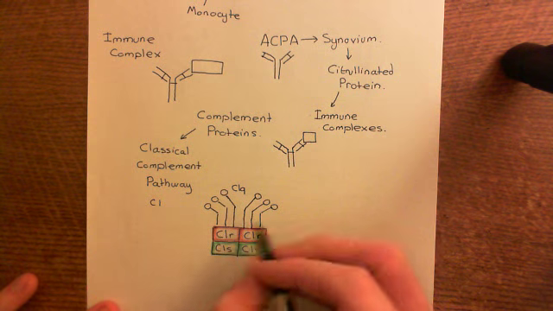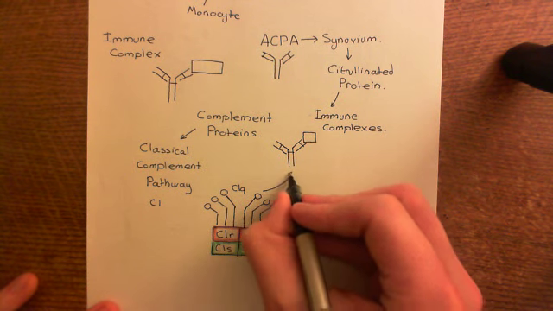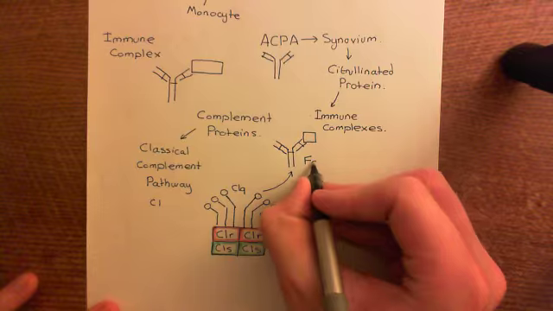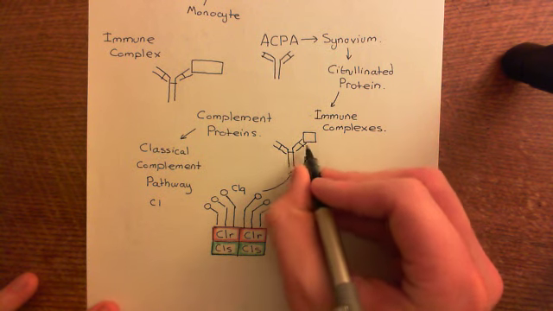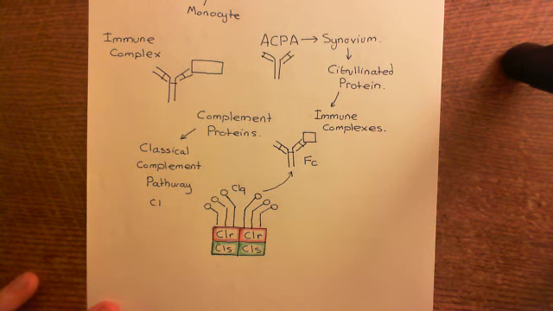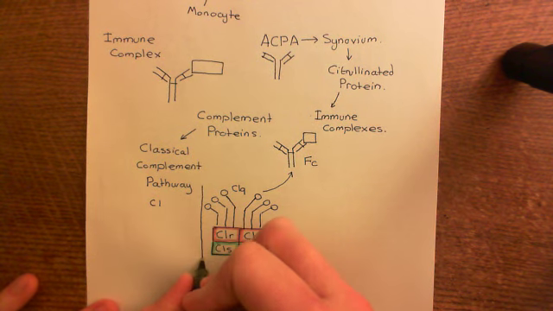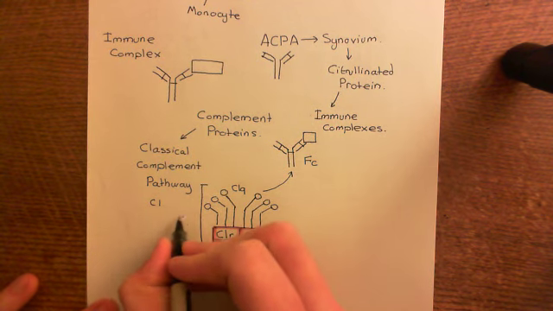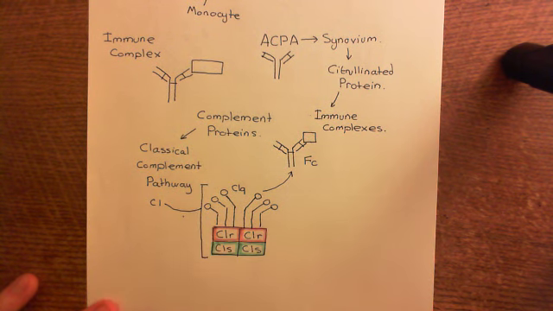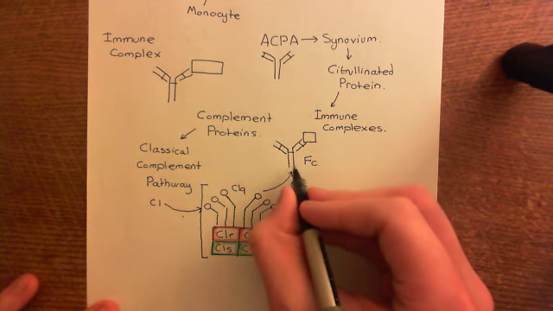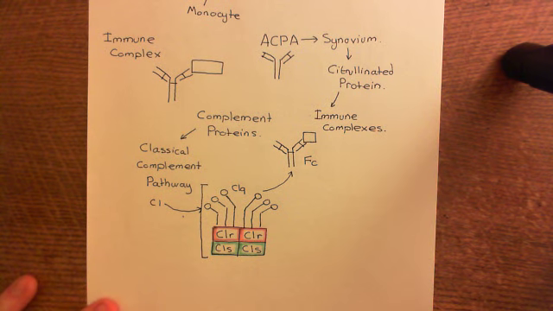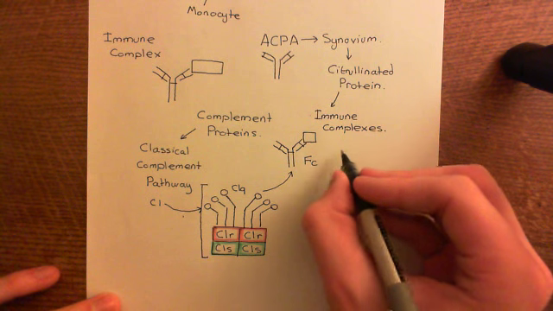Now this thing is going to bind to the Fc region, the fragment crystallizable, of this antibody that's involved in this immune complex. This C1 complex, and I should say that the entire thing is referred to as C1, so this is all C1, is going to bind there, and it's going to catalyze the breakdown of 2 other complement proteins.